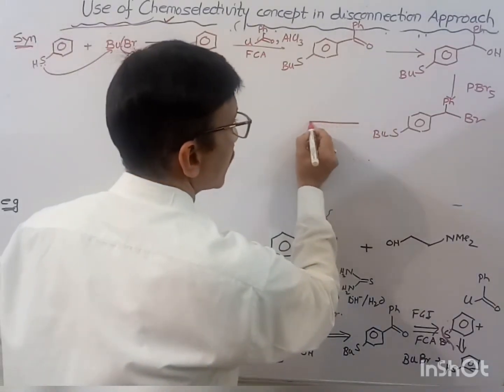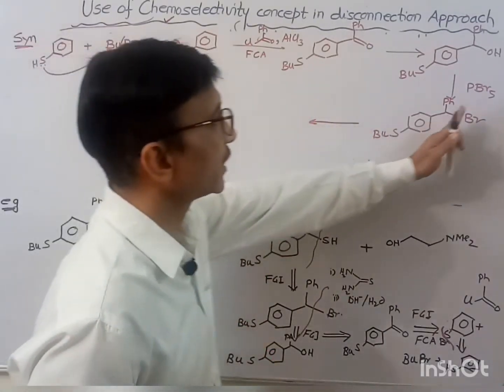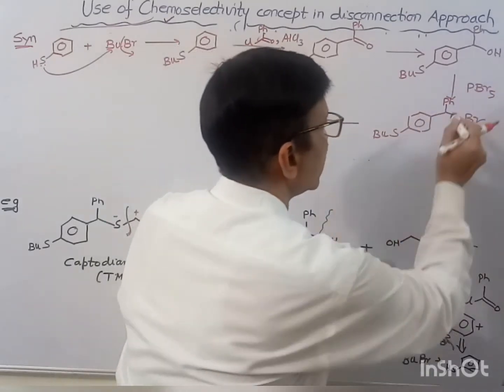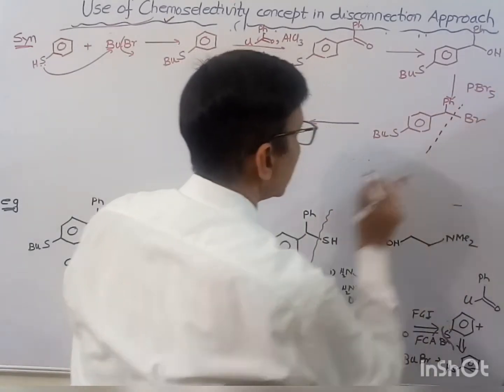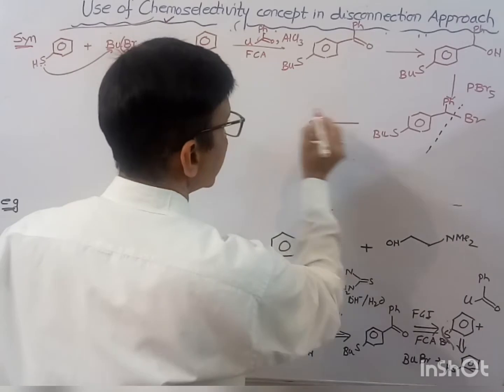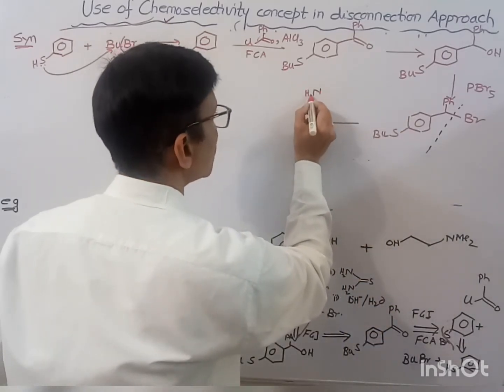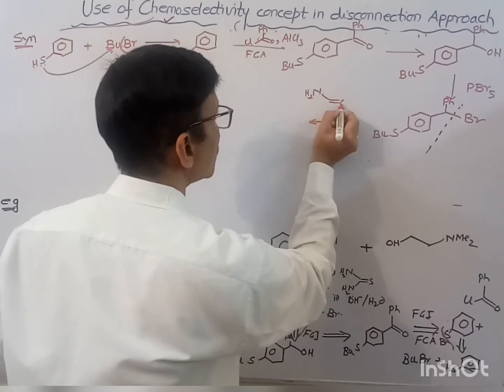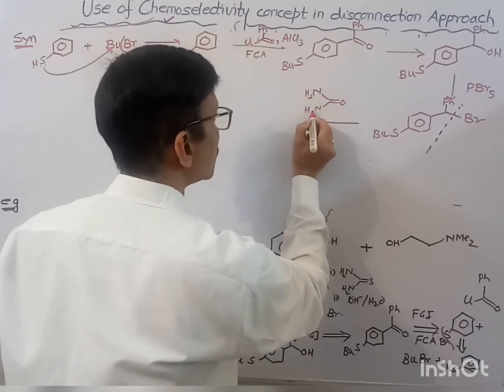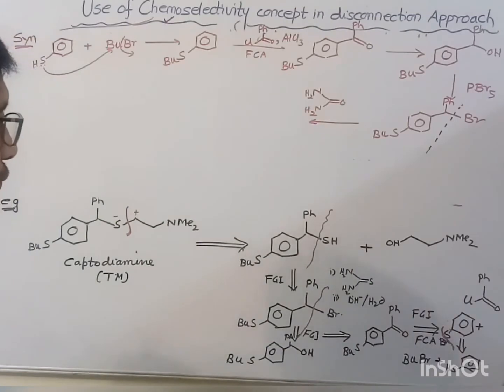Now this may be regarded as an alkyl bromide, and now this can be reacted with thiourea.